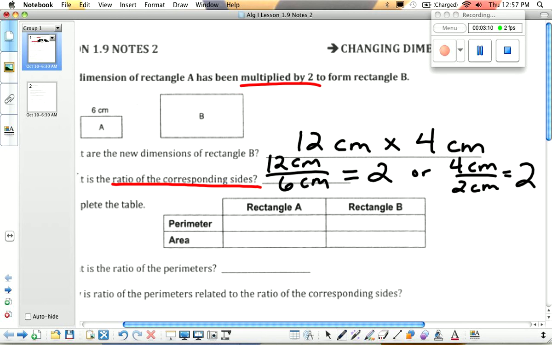It's really just a scale factor. So let's just put that here. When they ask you for this ratio of corresponding sides, they're really just asking you for the scale factor. So in this case, the dimensions were doubled, so the scale factor is 2, which is also known as our ratio of corresponding sides. Every dimension got 2 times larger.